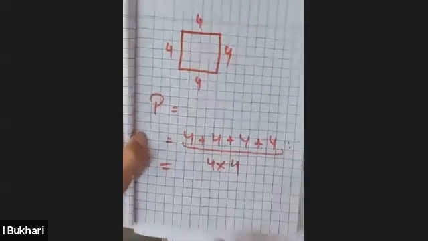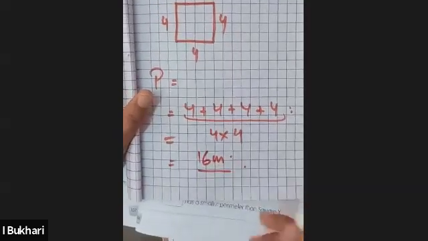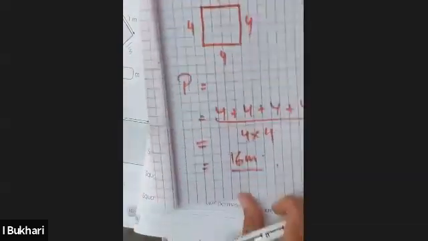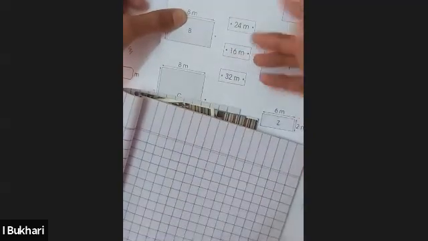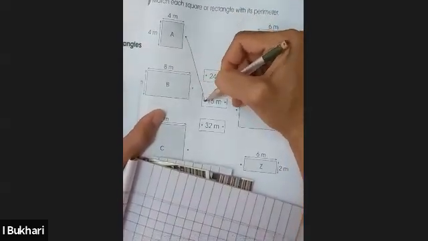Multiplication is repeated addition. So it is 16 meters. Good job, Rayan Abubakar. So I don't think I need to explain this, right? Okay, let's move on. So this is 16 meters. I'll write this down so I can match A with 16, right?